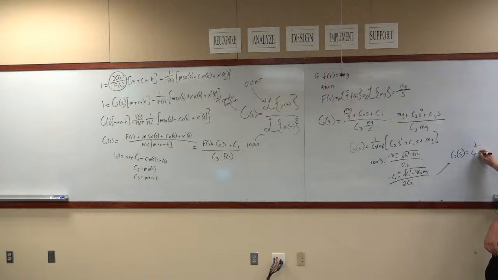G of s is equal to 1 over C3 mg times (s plus negative C1 plus the square root of C1 squared minus 4 C2 mg, divided by 2 C2) times (s plus negative C1 minus the square root of C1 squared minus 4 C2 mg, divided by 2 C2).